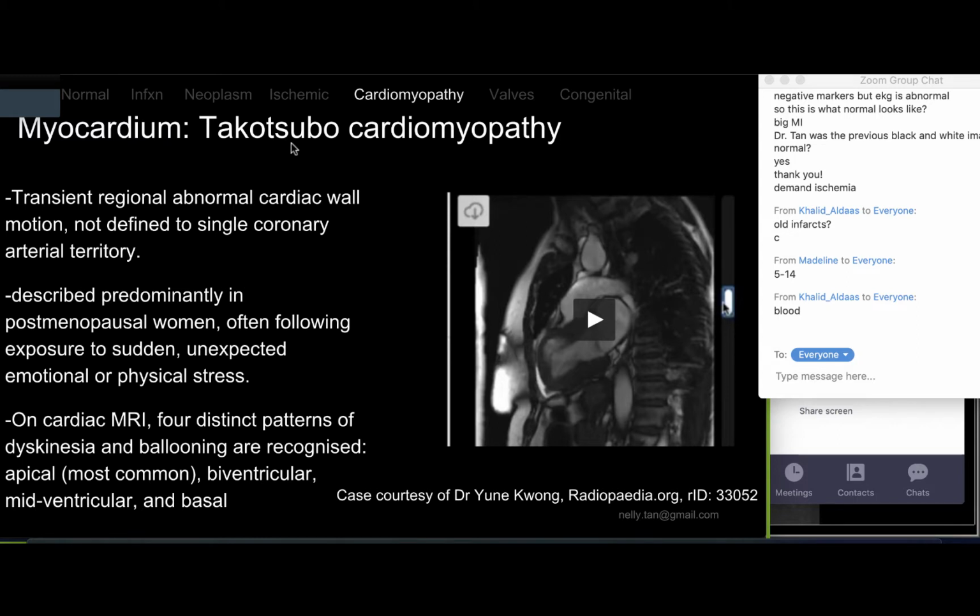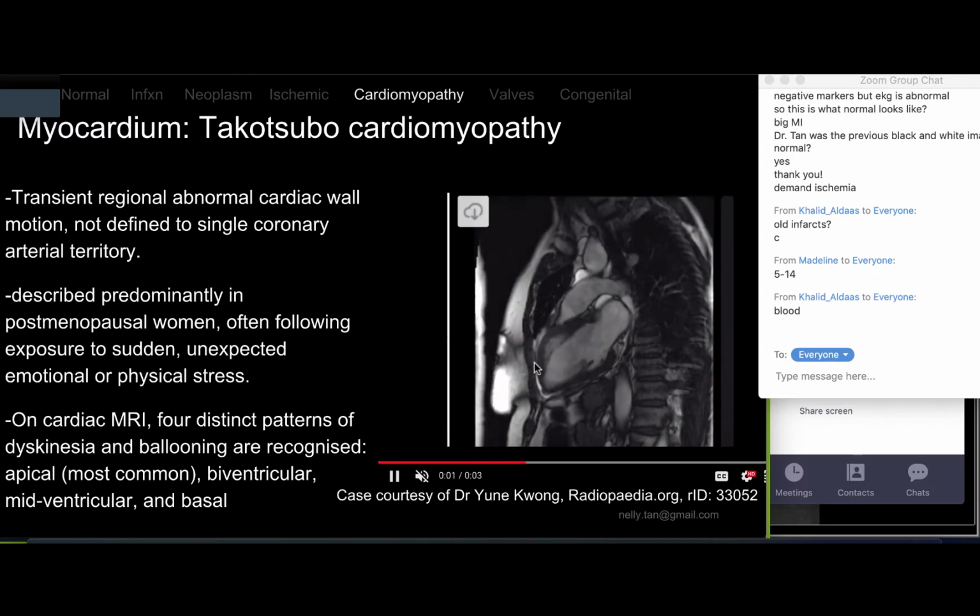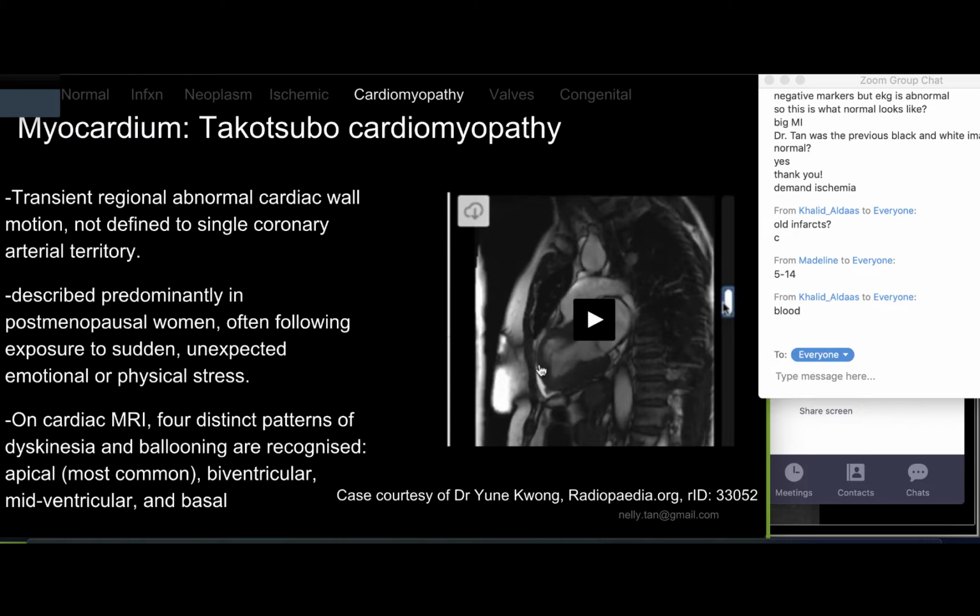Takotsubo stands for broken heart syndrome, because this is Japanese for broken heart. Patients who have a stressful separation, like a divorce, or a significant loss of a family member, become very stressed, and they can have this event, Takotsubo cardiomyopathy, with normal coronary arteries.